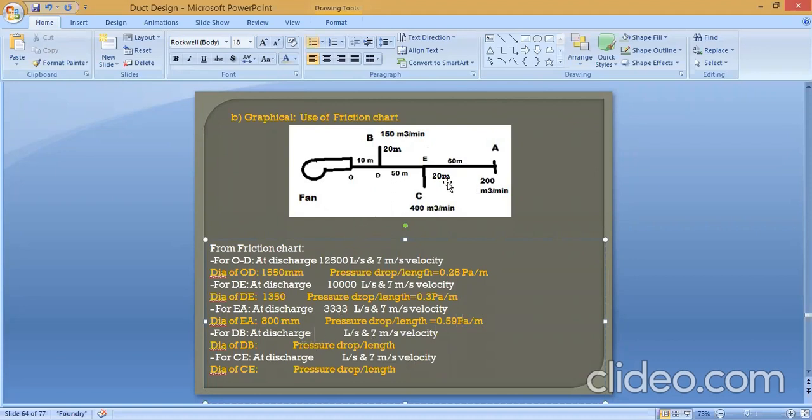Similarly for D to B, where is DB? This is DB, and discharge is 150. So 150 into 1000 divided by 60, that comes to be 2,500 liters per second, and 7 meter per second.